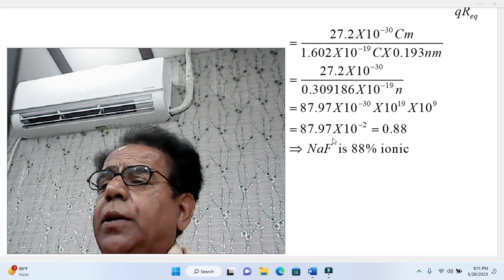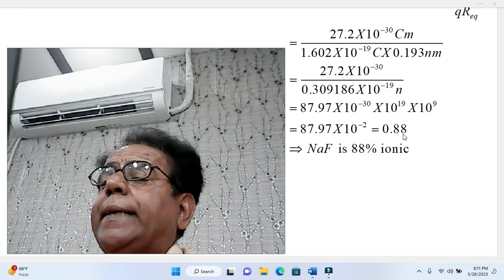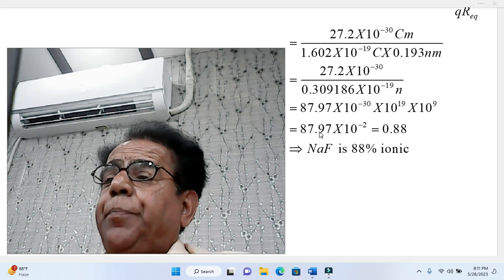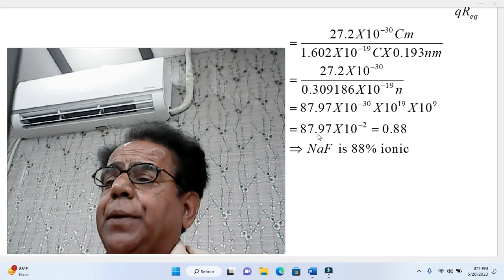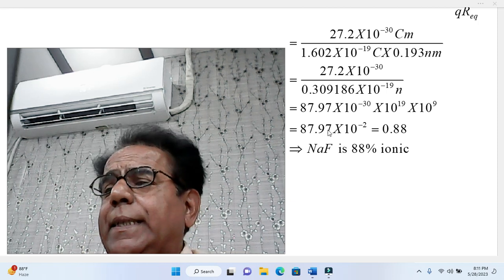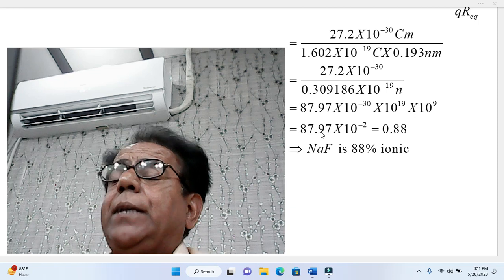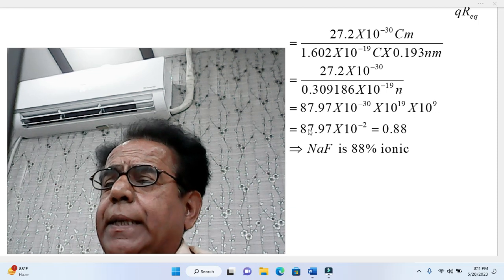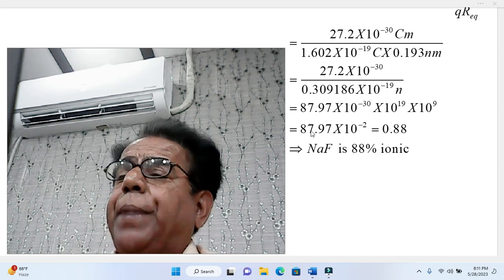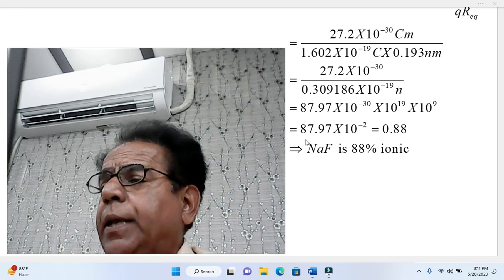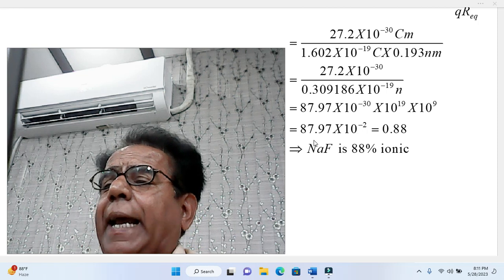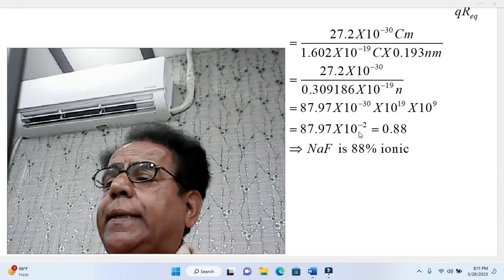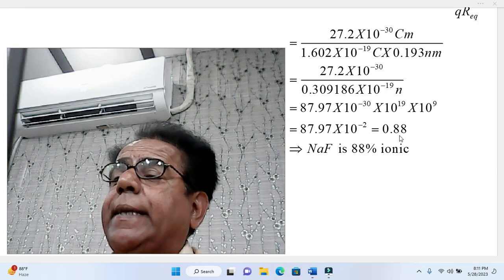We have rounded it to 0.88, because dear students, if after 7 the digit is greater than 5, then we have an option to increase it by one number. So instead of writing 0.8797, we have rounded it as 0.88.